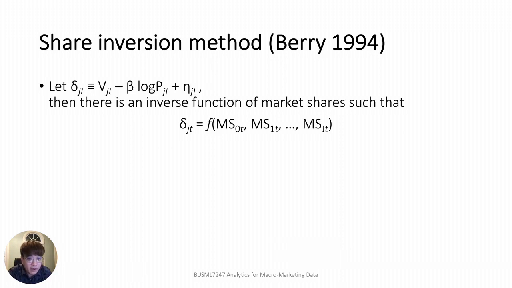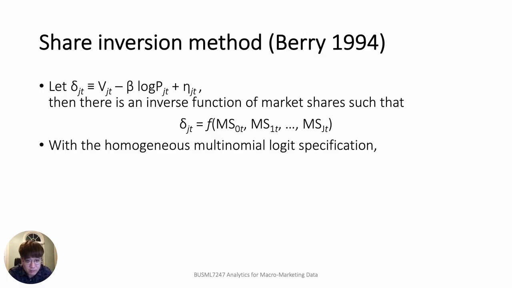The method is very simple. As mentioned before, let's define delta_jt as V_jt minus beta times log price_jt plus eta_jt. Then, if some regularity conditions hold, there is always an inverse function of market shares with respect to delta. That is, there is always a function only of market shares to derive delta.